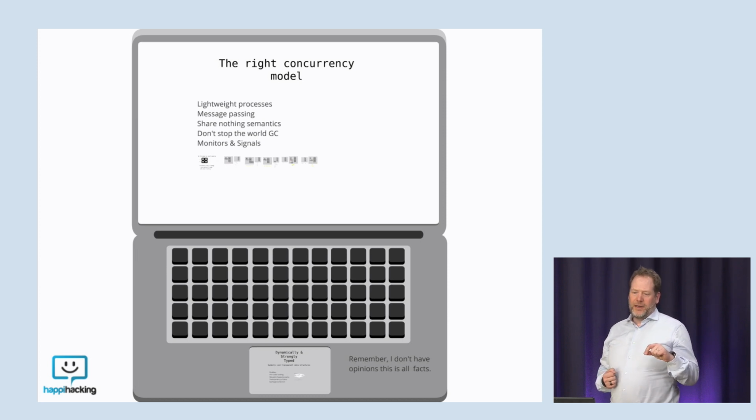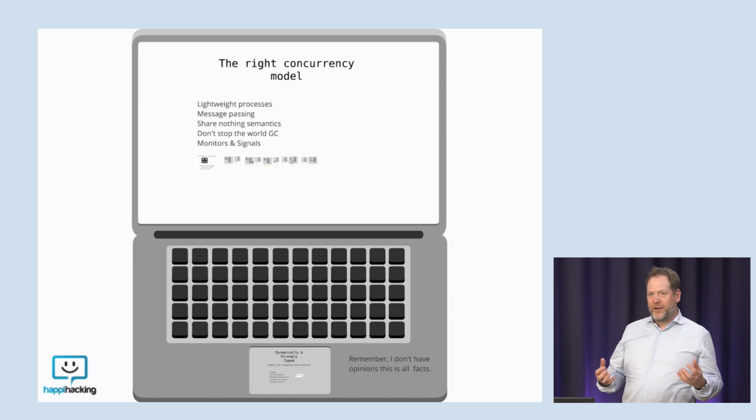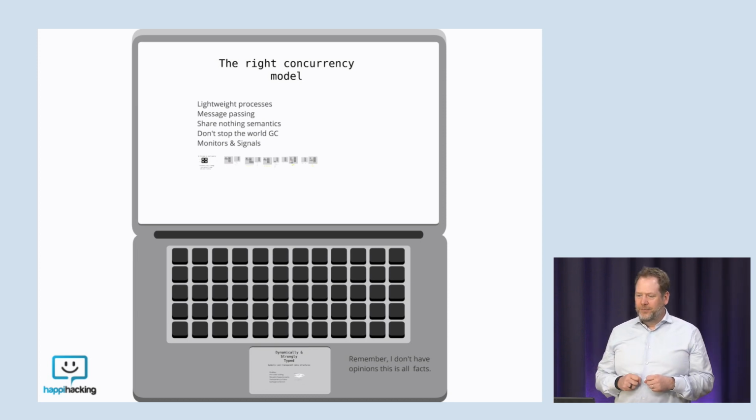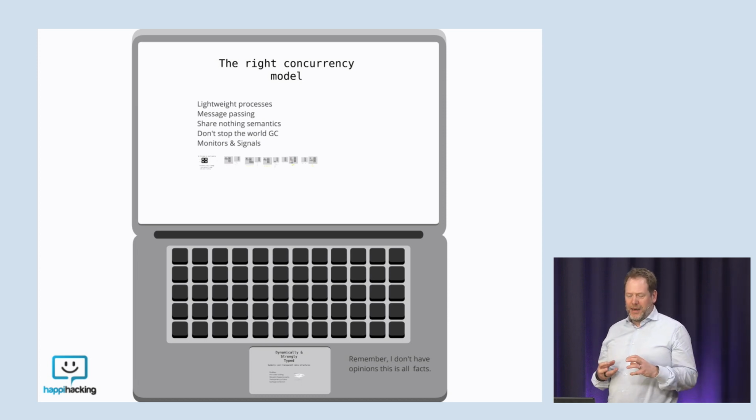And there's no data that is shared, and there's also no updates. Since Erlang is a functional language, you cannot really update data. So a process cannot destroy data for another process.